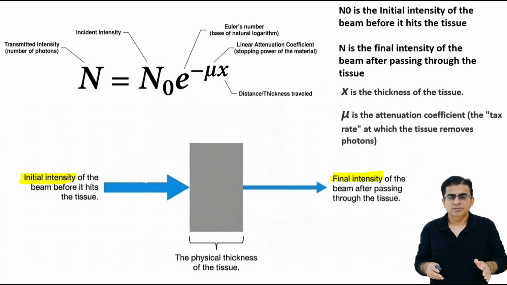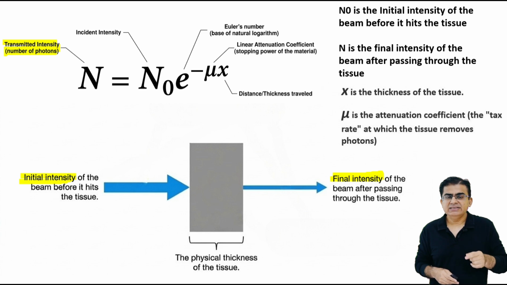Let us break down these simple terms so that they are very easy to remember for your daily practice. First, look at N of x. This is the final transmitted intensity of the beam after it successfully passes through the patient's tissue.